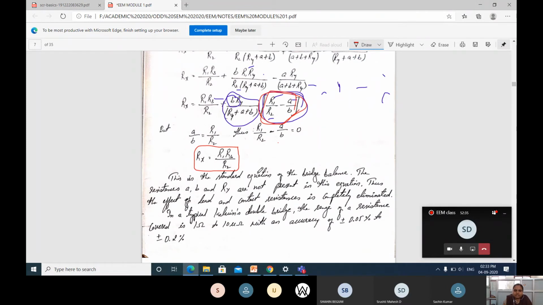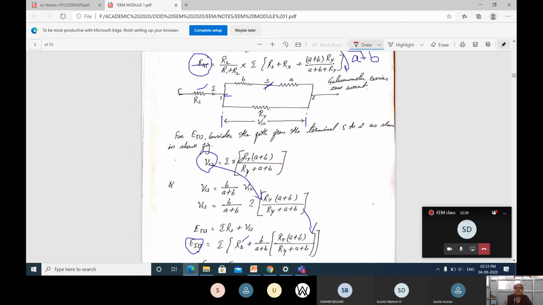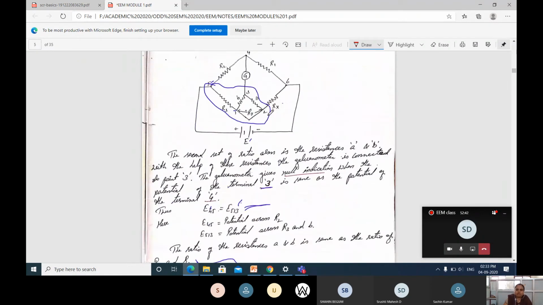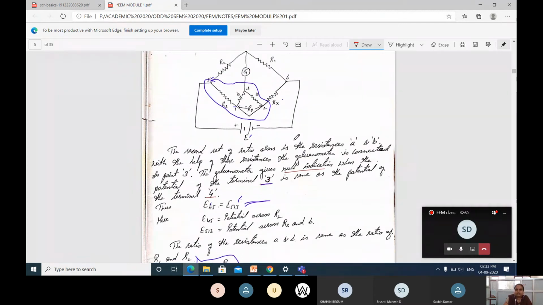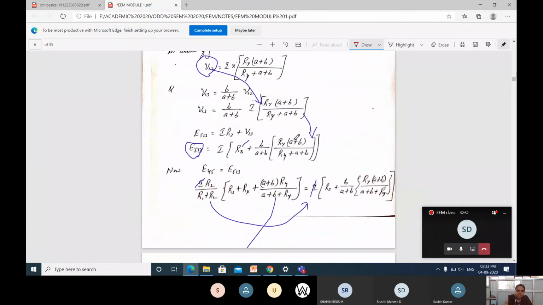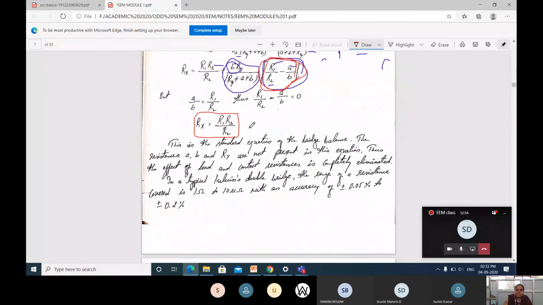Okay. From this equation we observed, even though we have one more set of ratio arms, that is A and B, and also a small resistance, that is Ry, it's not going to affect our bridge. That's the information this balanced equation is giving us. That's the theory I wrote here.